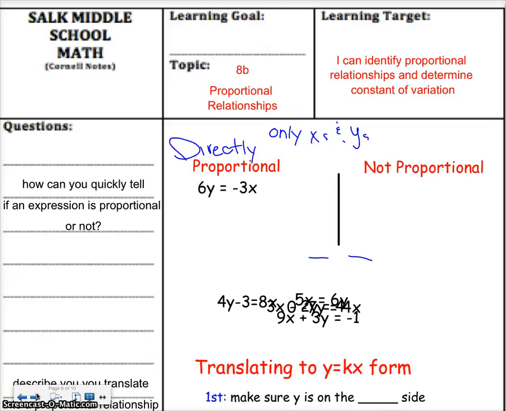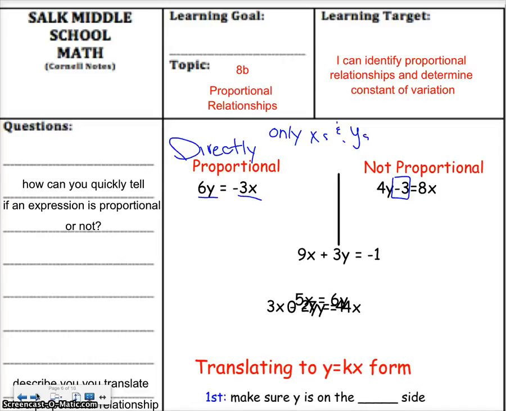So that is directly proportional. 4y minus 3 equals 8x is not directly proportional because I have this minus 3. That's what made it not directly proportional. I should only have x terms and y terms. Notice at first the 6y, it's still one thing.